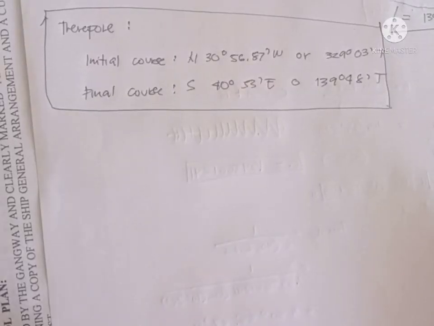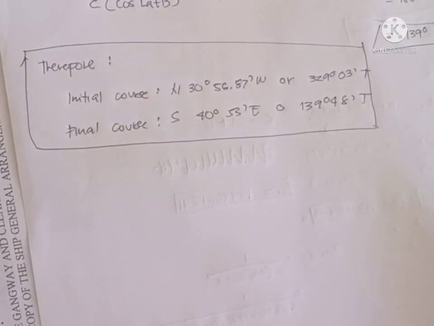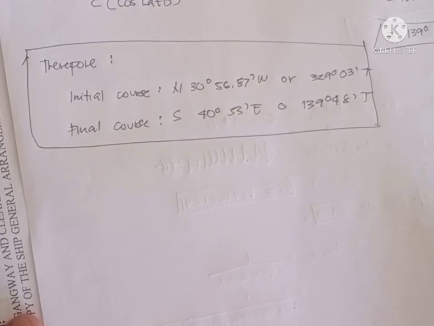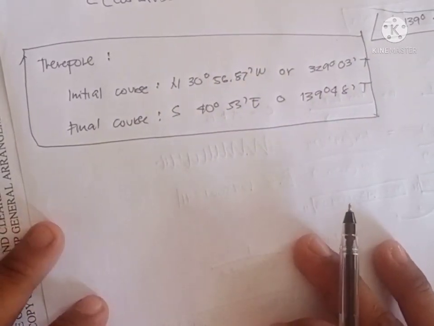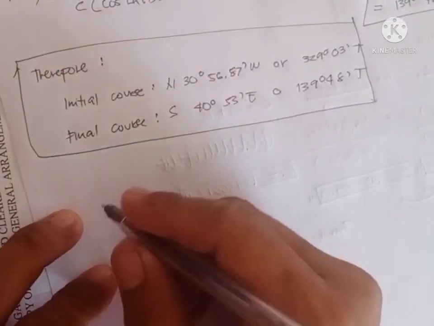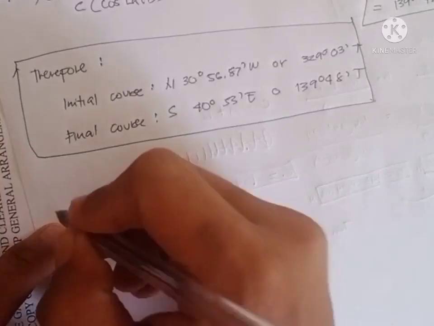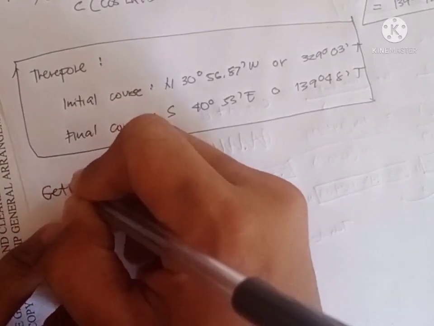So next is to get our vertex. In order to get your vertex, you will apply Napier's rule. So this is the formula of Napier for getting our vertex.